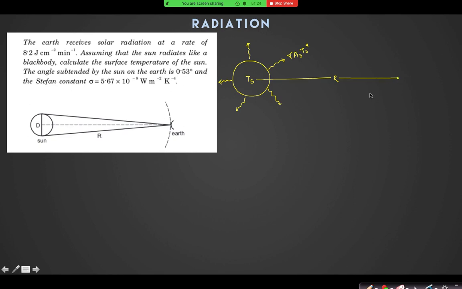So what should I do? Divide by the area of that small point. No. Look, if you imagine a spherical shell of radius R, can you say that every point on the spherical surface will receive the same intensity because it is the same distance away from the sun?